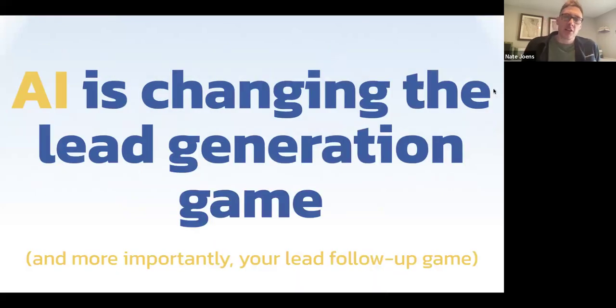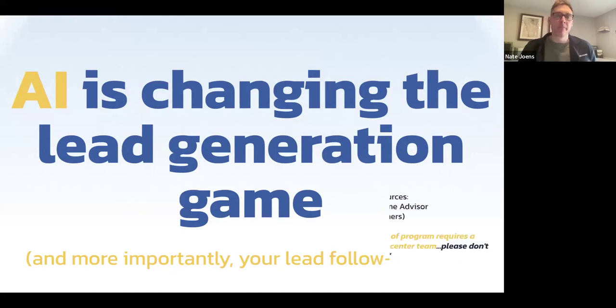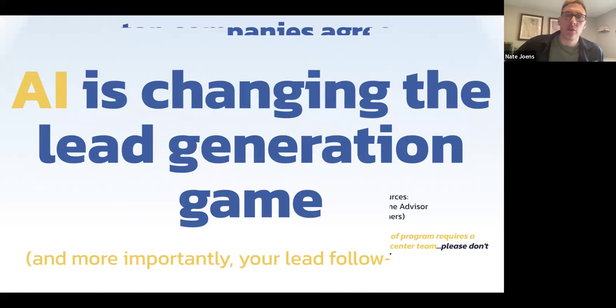So lead generation is a numbers game, and AI is changing the lead generation game. That's why we're here. More importantly, as we'll talk about, AI is changing your lead follow-up game. So I wanted to talk about 3 real-world examples from some pretty big home improvement companies, again from a Pro Remodeler study: West Shore, HomeFix, Custom Remodeling, and All Weather Seal.